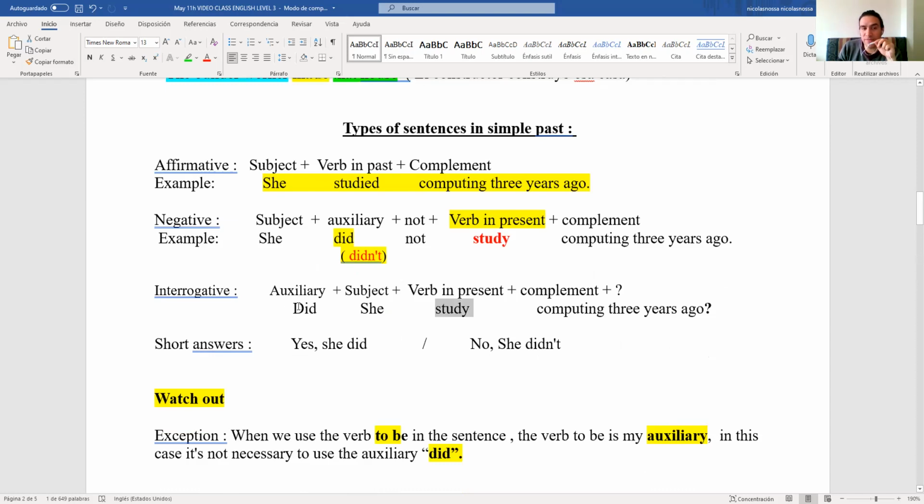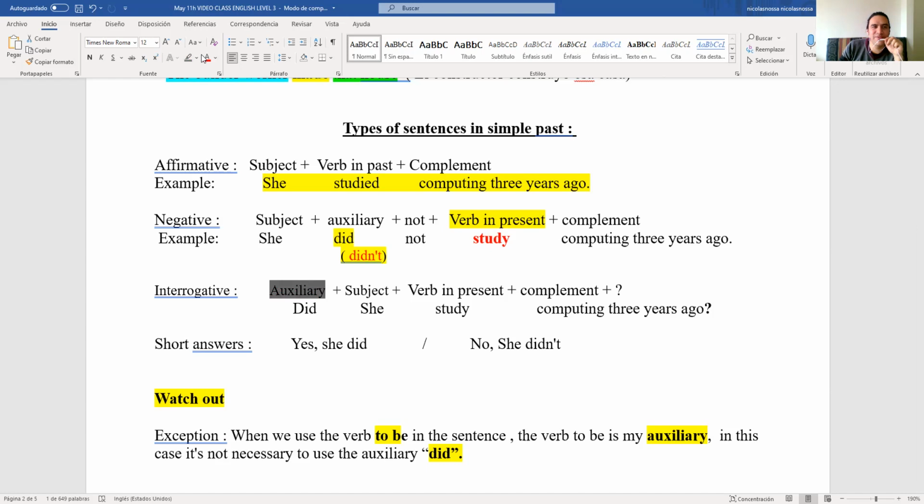Interrogative: I put first, the first position is the auxiliary. Vamos a ponerle un colorcito al auxiliar. Okay, sorry, it's too dark.